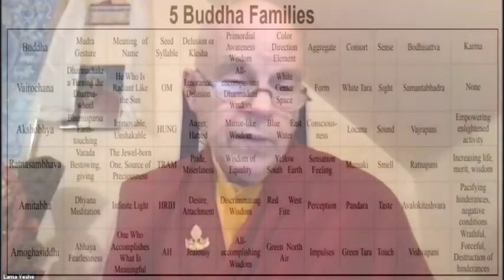And Vairochana represents the aggregate of form. I have been talking about the 5 skandhas. Maybe I should go back and refer to these other Buddha families too.